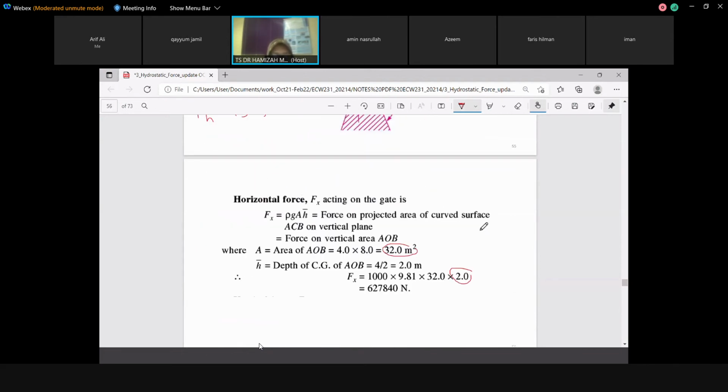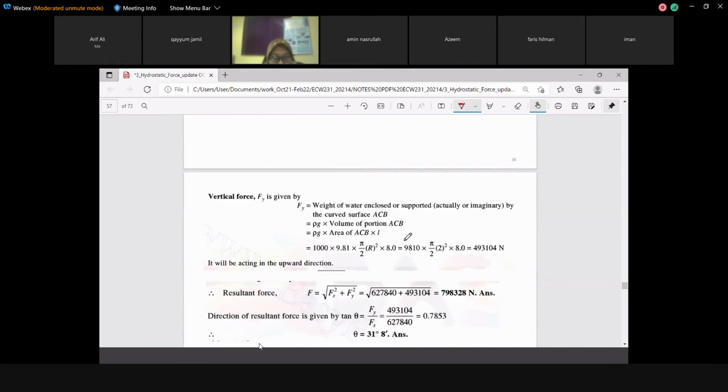Okay, so we have the shape of circle, pi r squared. Kenapa bahagi 2? Sebab dia semicircle. Okay, and then darab dengan length. Length ataupun width. So this is amount of forces for vertical.